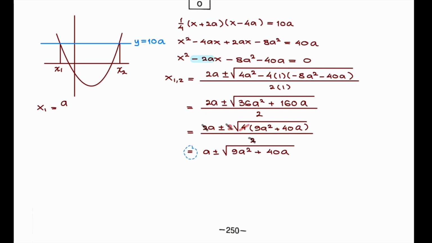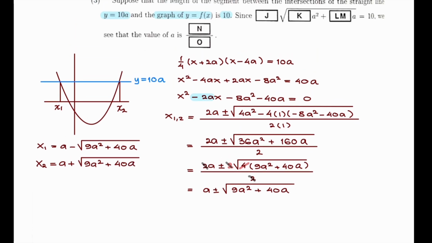There is no a on the denominator. So my x1 is a minus square root 9a squared plus 40a, and then my x2 is a plus square root 9a squared plus 40a. That is my x1 and x2.